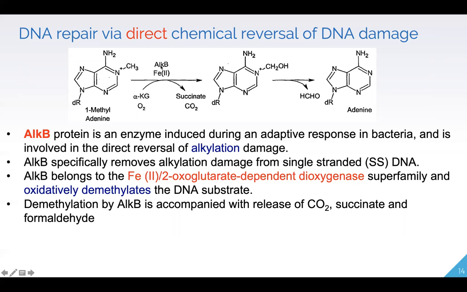So this enzyme uses alpha-ketoglutarate and oxygen. It belongs to what we call the oxoglutarate-dependent dioxygenase family of enzymes. They're basically demethylases. Their job is to remove the methyl groups, restoring the adenine through the formation of an intermediate that replaces the methyl group with a hydroxymethyl group, releasing formaldehyde in the final step, as well as succinate and carbon dioxide.